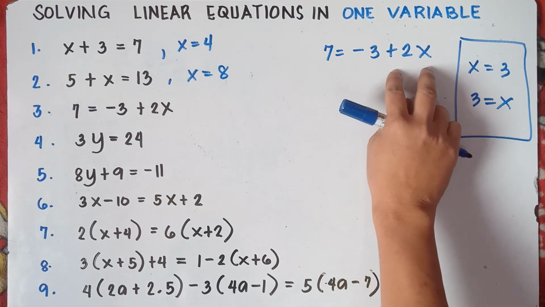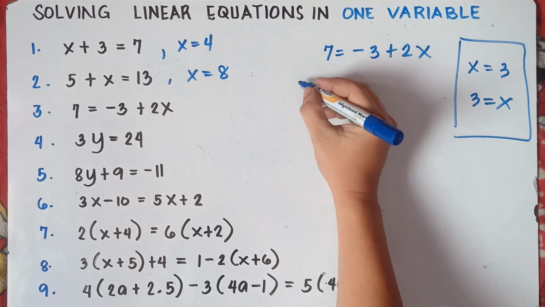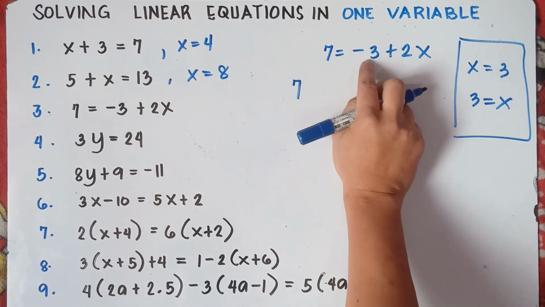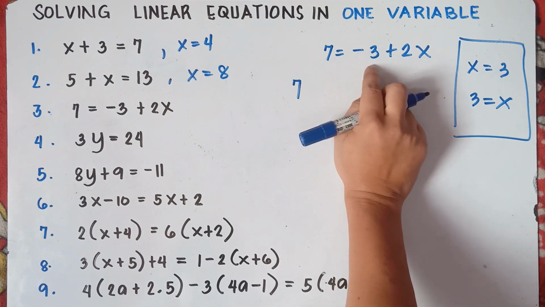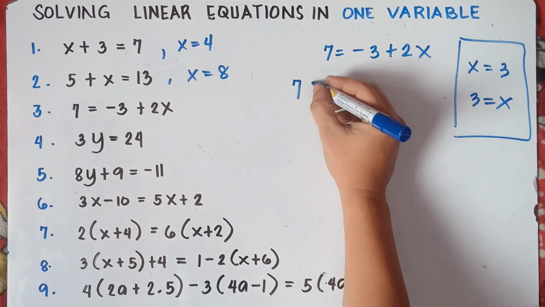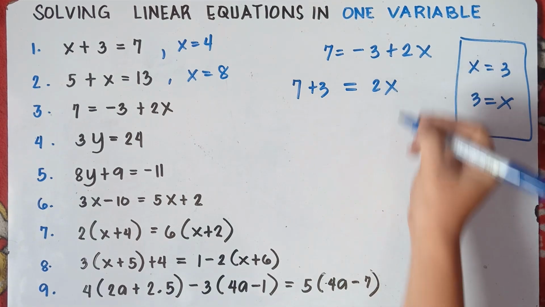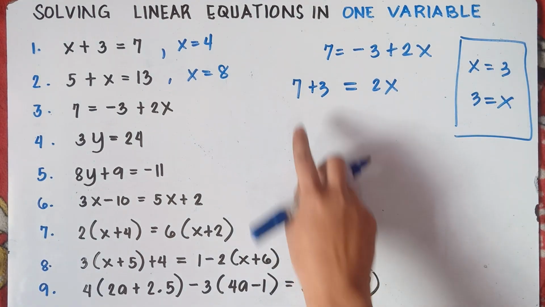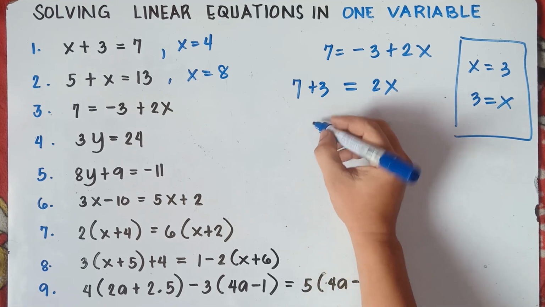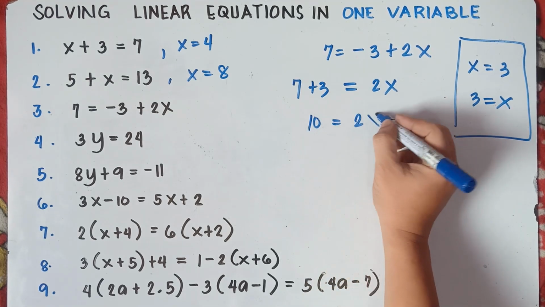Okay, still positive. So this will be copy 7, transpose negative 3 from right to left. It will change the sign. This is negative, it will be positive 3, then equal sign, simply copy 2x. And then combine this one, 7 plus 3, this is 10, equals 2x.